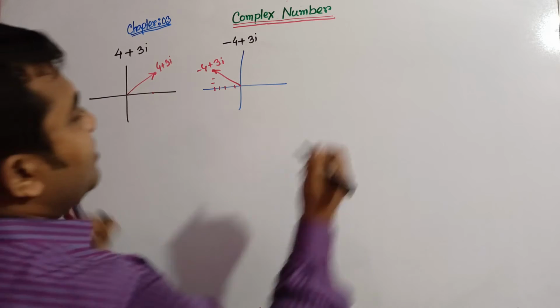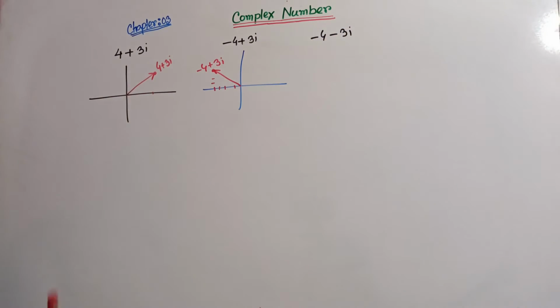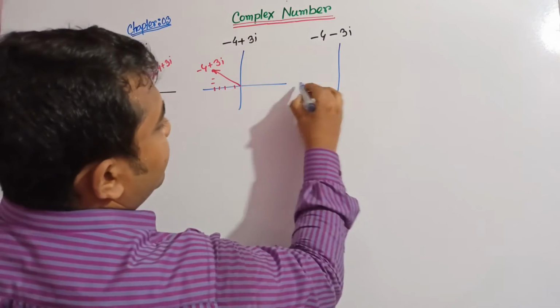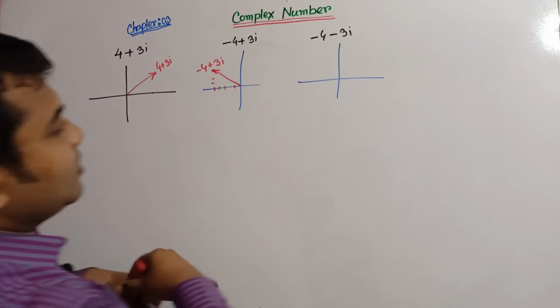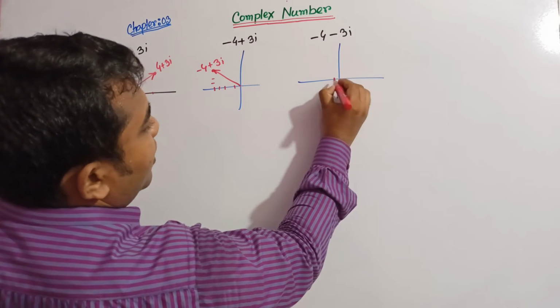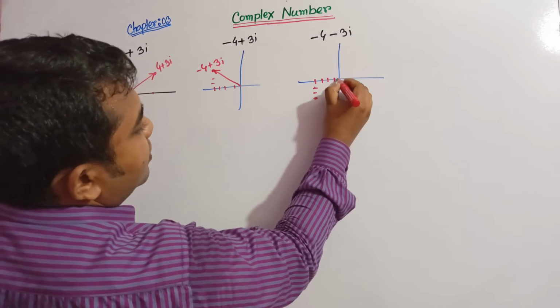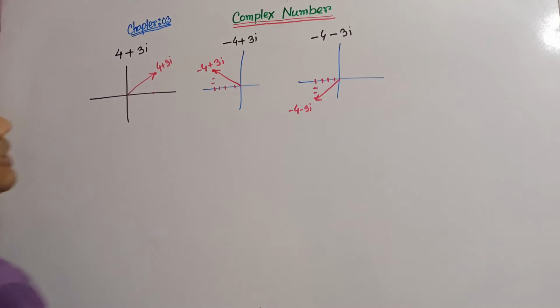If our point is minus 4 minus 3i, then where will the figure be? The figure will be like minus 4, so 1 2 3 4, minus 3, 1 2 3, so minus 4 minus 3i will be there.